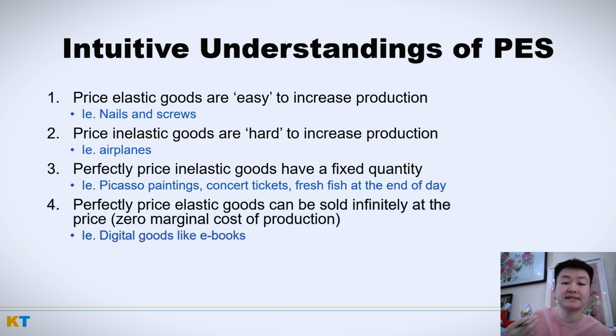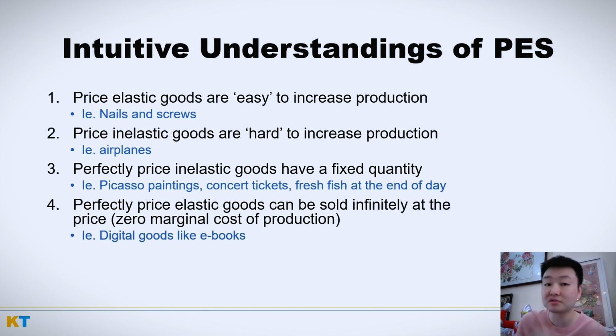What about perfectly price elastic goods? Well, perfectly price elastic goods technically can be sold infinitely at the price. And really the only kind of good that can be sold infinitely are goods with a zero marginal cost of production. Now, those technically don't exist, but there's a category of goods that come close.